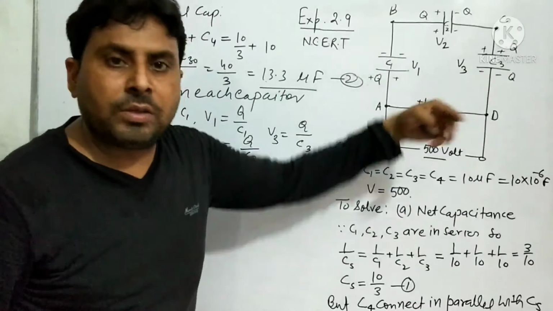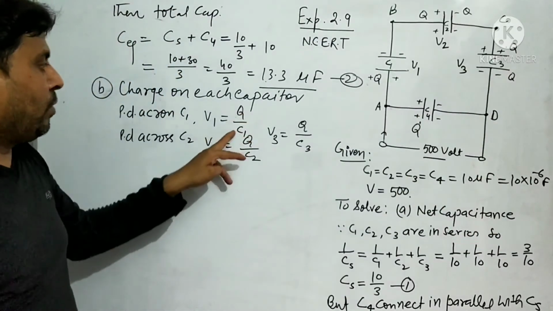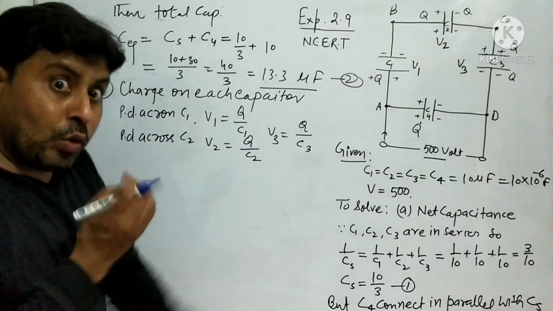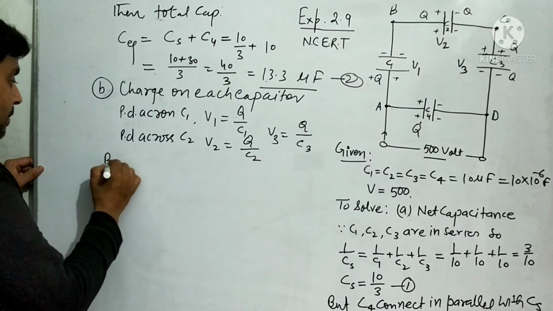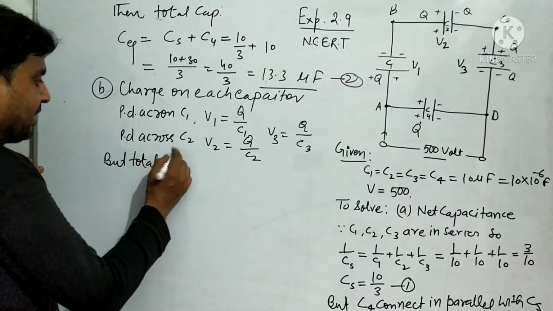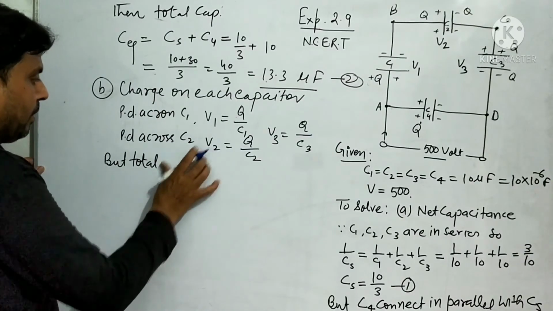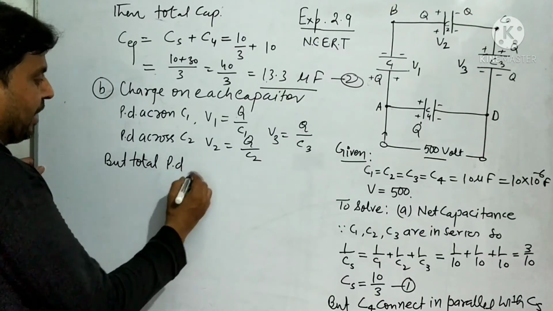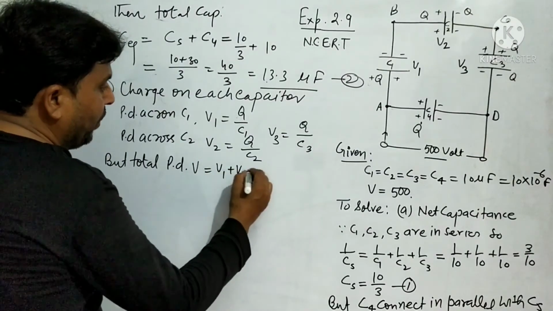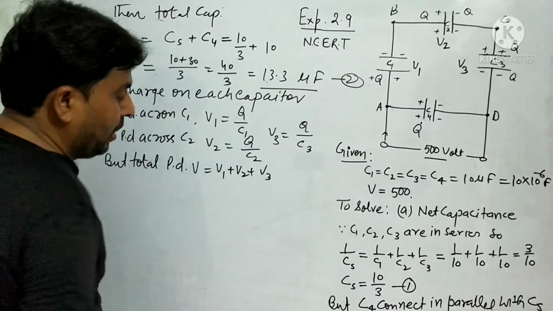First, second and third, all three potential differences: Q over C1, Q over C2, Q over C3. Clear? Total potential difference, that is V equal to V1 plus V2 plus V3.